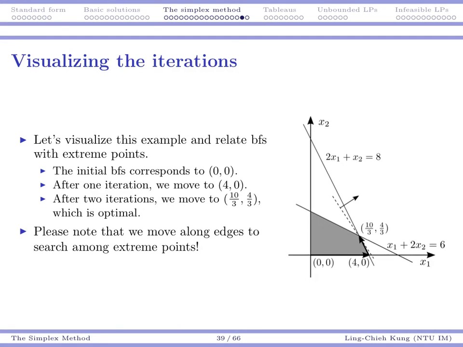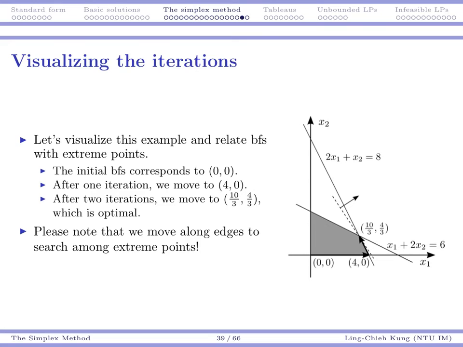We know that our initial basic feasible solution is 0, 0. We only care about the basic values of x1 and x2 here because x1 and x2 are our original variables. So we start from this point, 0, 0, and then do one iteration to move to 4, 0, and then one more iteration to move to 10/3 and 4/3.